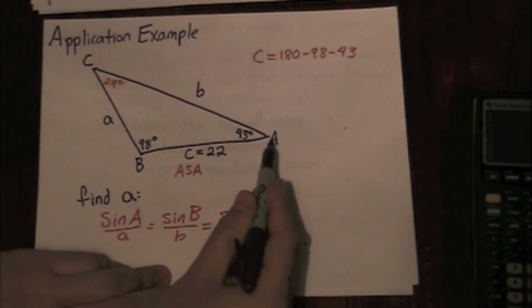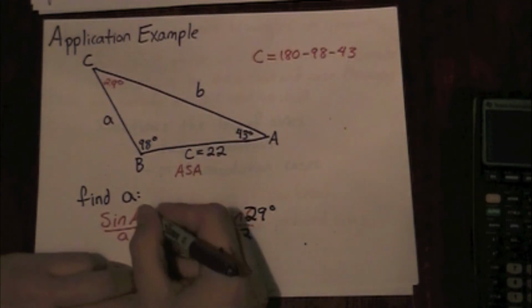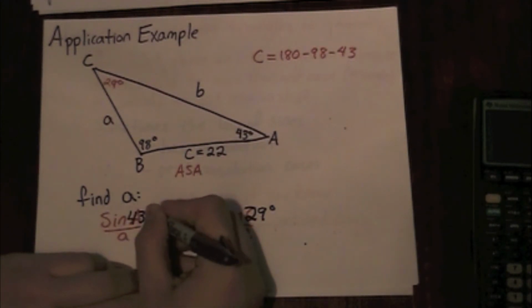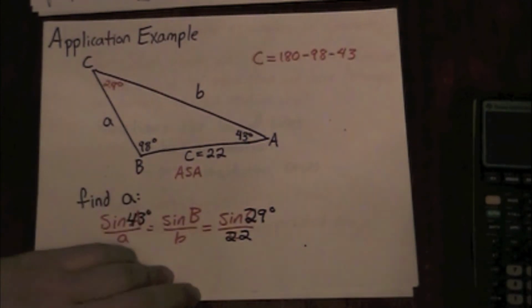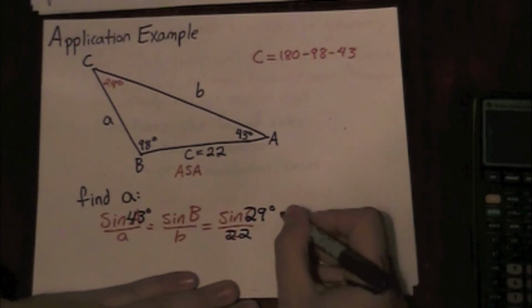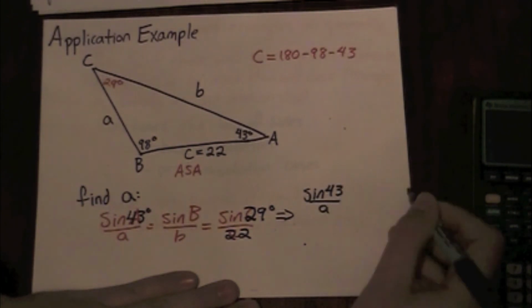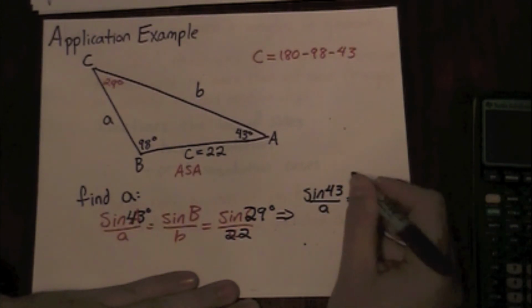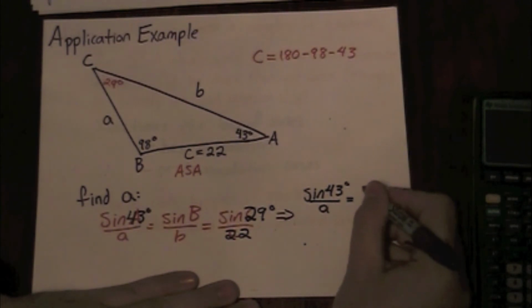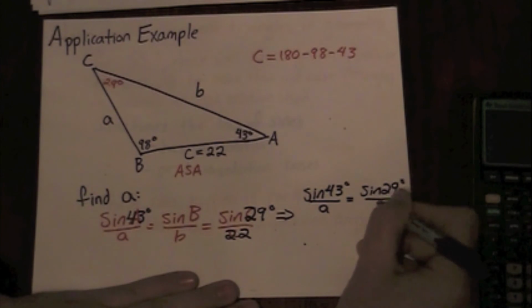Since it's a that I'm looking for, I'm going to put my angle A in, 43 degrees, and the side length a is what I'm going to solve for. To clean this up a little bit, I now have sine of 43 divided by a equals sine of 29 degrees divided by 22.